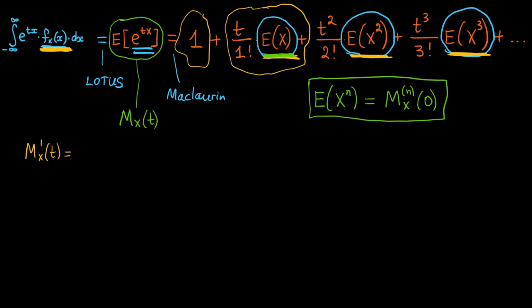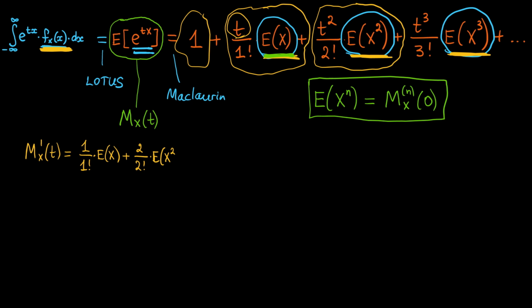Now for the second term, the derivative of this expression with respect to t will be everything except for t, so we're left with 1 over 1 factorial times the expected value of x, plus the derivative of now this term with t squared will be 2 over 2 factorial times the expected value of x squared, and let's not forget a t, right? Because when we took the derivative of t squared, we got 2t.